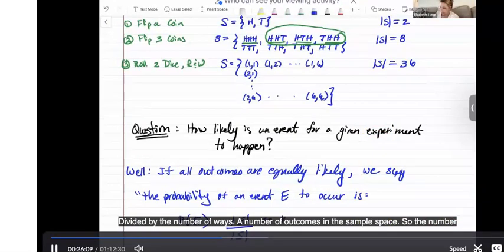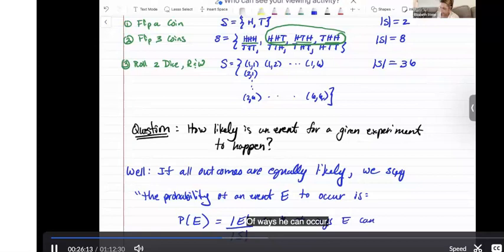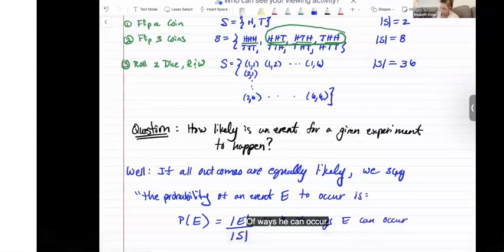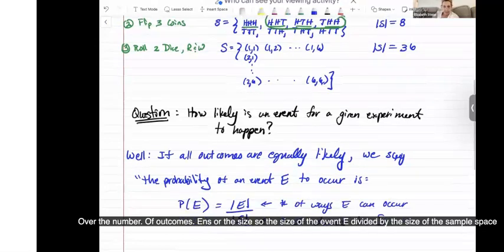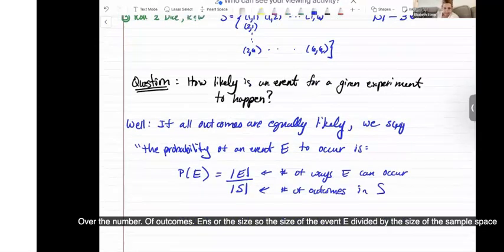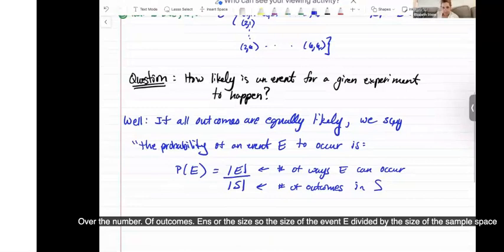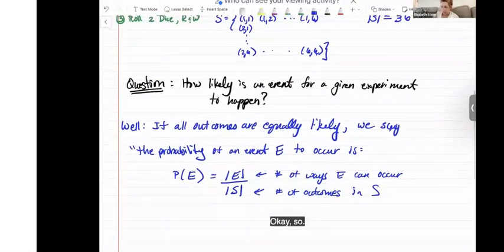So the number of ways E can occur over the number of outcomes in S, or the size. So the size of the event E divided by the size of the sample space. Okay.